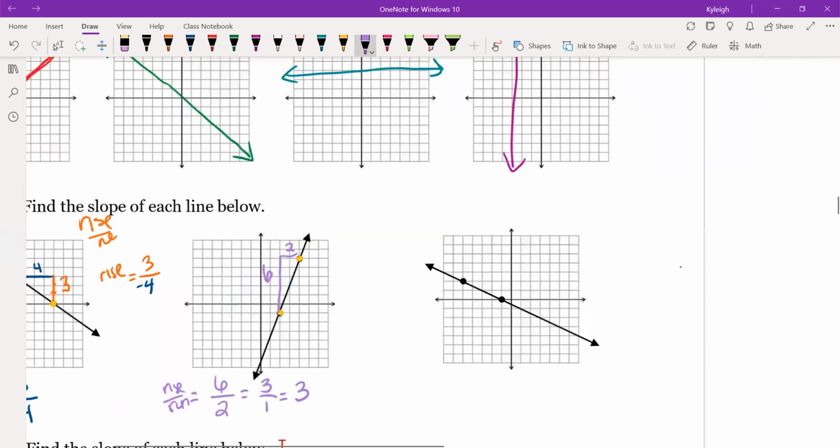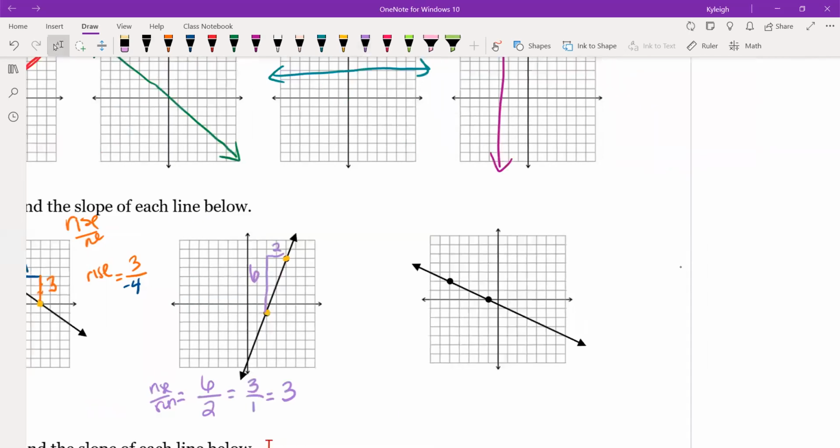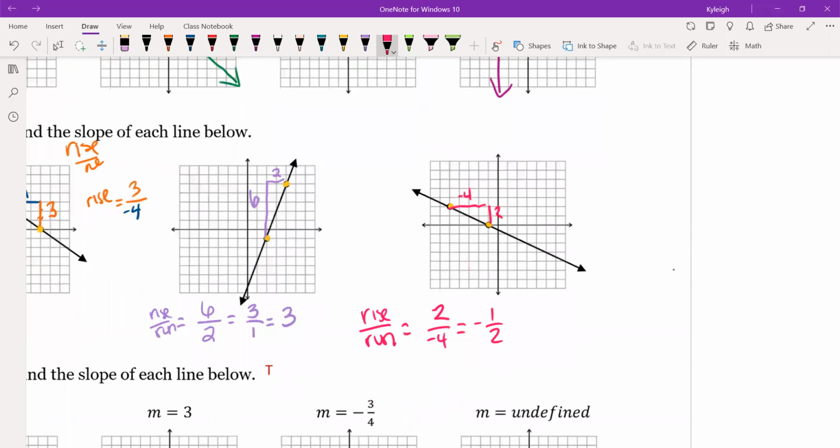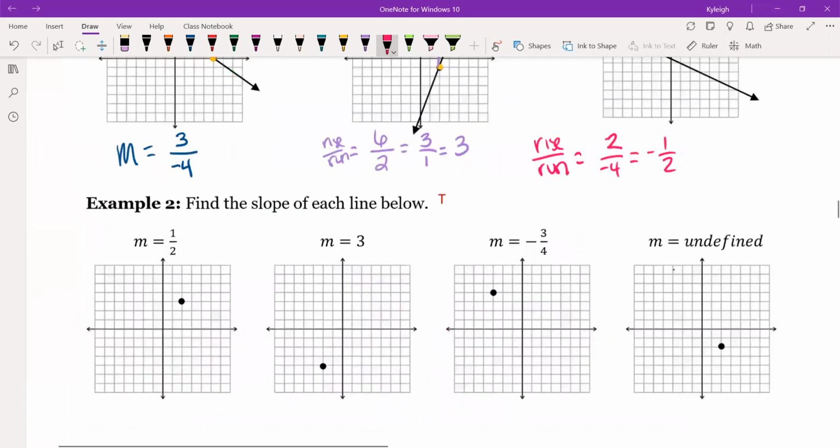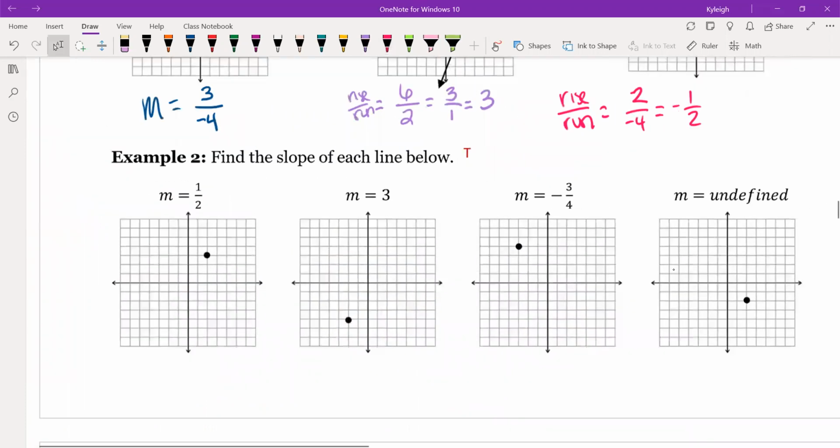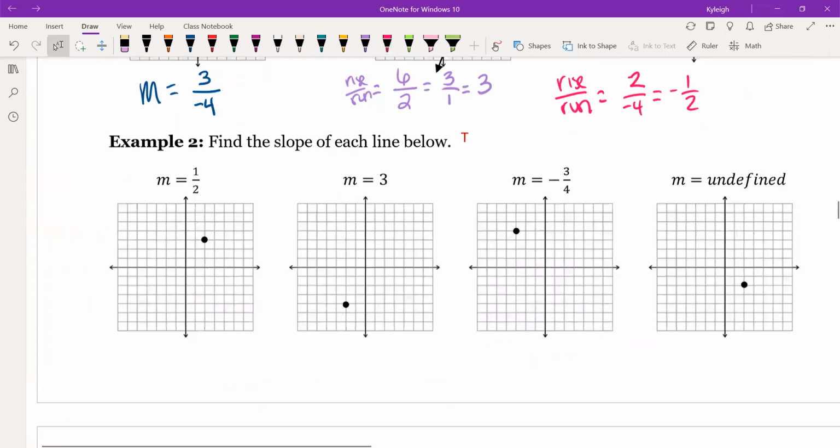I want you to pause and try this third example on your own. All right, hopefully you got that you rose 2 and you ran 4 to the left, so it's negative, and then we simplify that to -1/2. Then let's look at example 2. We're already given the slope, and now we want to plot the next points.